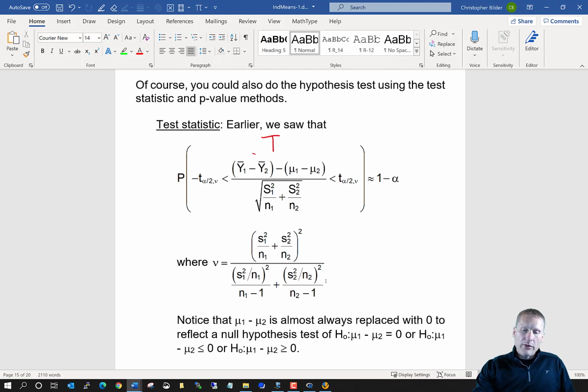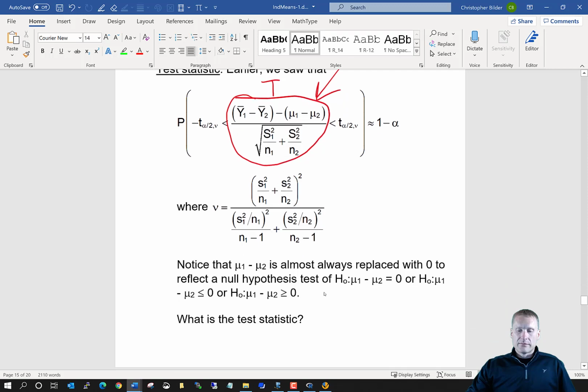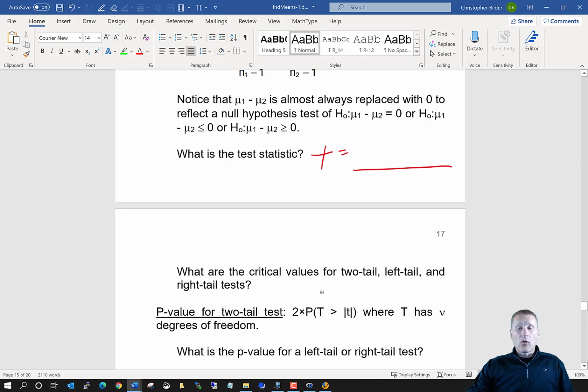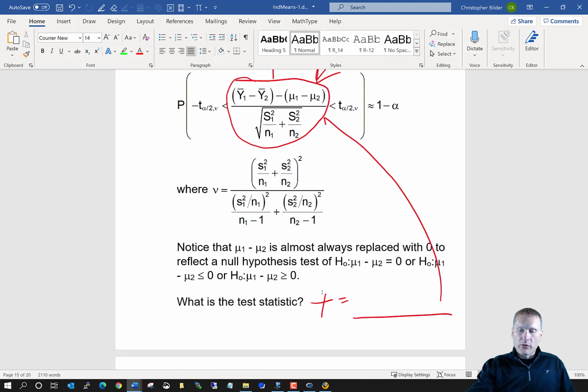Well, rather than going through all those algebraic steps, how about we just simply use the sample version of the quantity that's inside this inequality as our test statistic. So our test statistic will be t, and we can write it out in terms of the sample quantities or the observed quantities there. So turn the uppercase letters into lowercase letters.